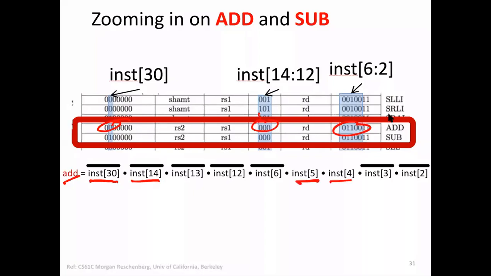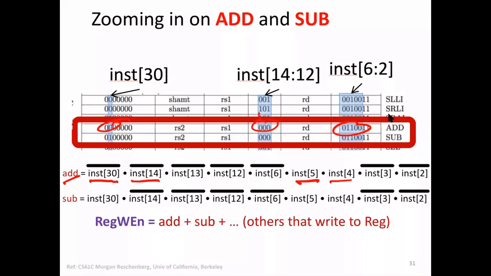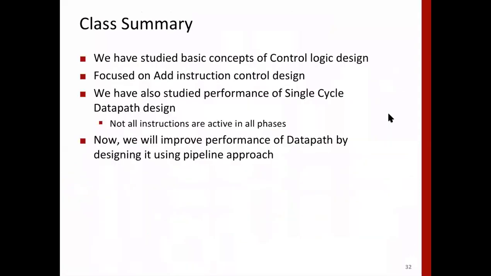Similarly, we can do it for subtract. And then we can say this is nothing but add plus subtract plus whatever other values give register enable input as one. In this way we can generate control signals.